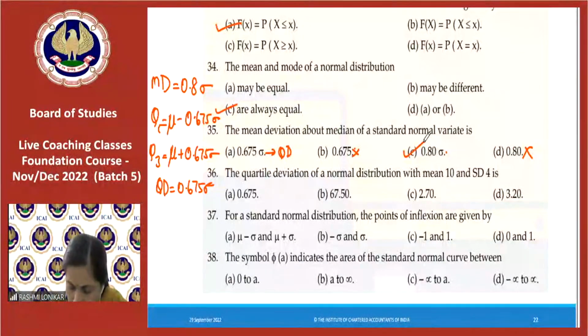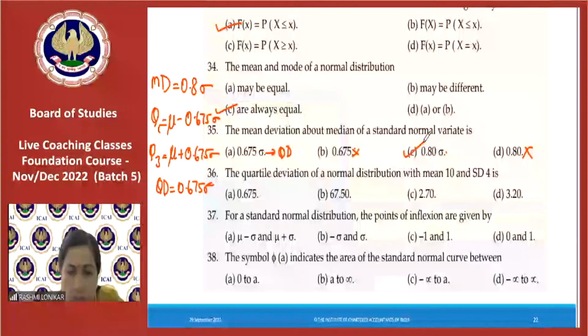Sayed, correct. Faizan, correct. Faizan, C is the correct answer. Yes. Sakshi, Pratidnya, that is quartile deviation. Yes. Okay, 36. Diksha is saying B.